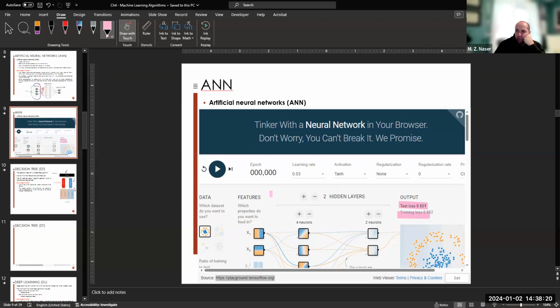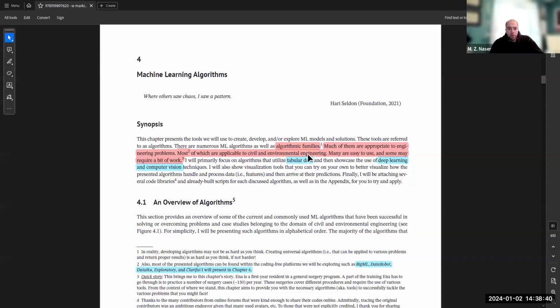I just let the students try and report back. I usually pair them with other students, and we share what we have learned from changing these parameters. So if we go back now to the PDF, let's go over some of the other algorithms that we don't cover in class.